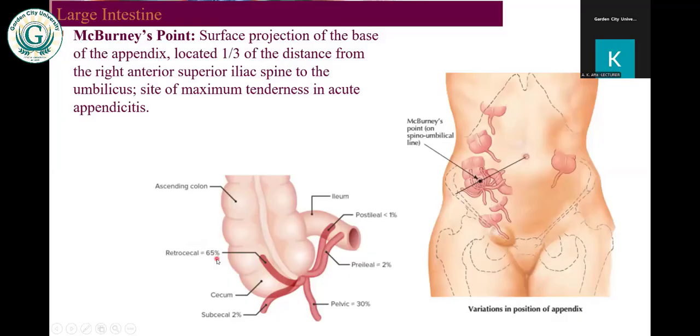Now, in appendicitis, the maximum tenderness will be felt where the appendix is located. You know, the appendix is located in the right iliac fossa. So there is this point, McBurney's point, which is one third of the line from the right anterior superior iliac spine to the umbilicus.